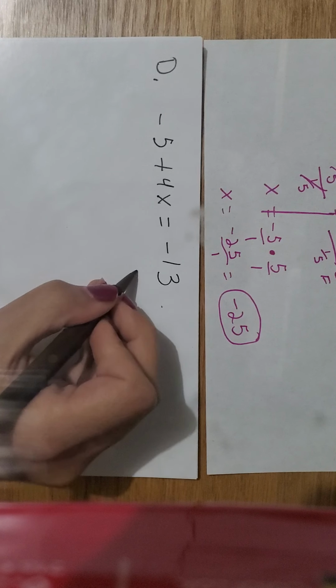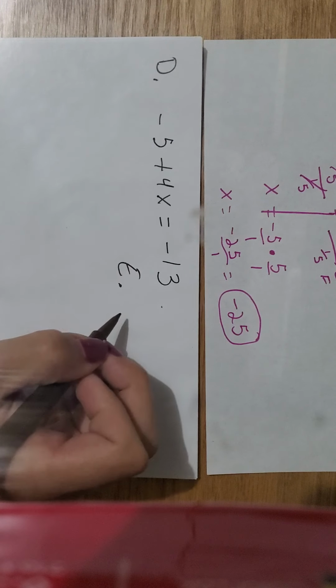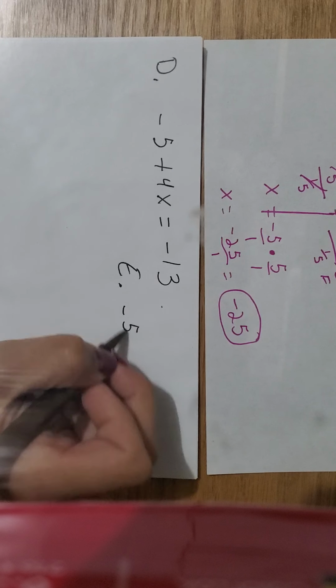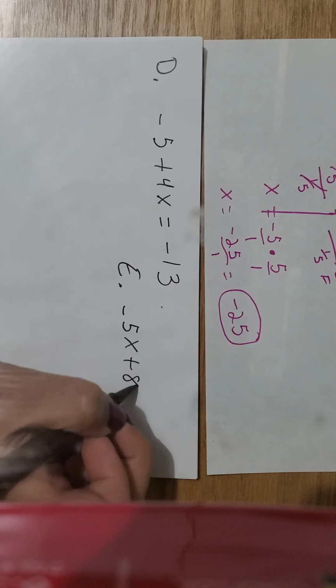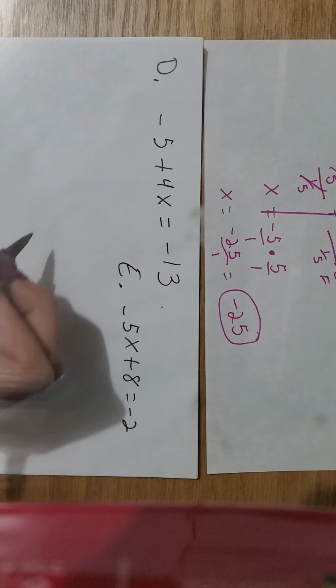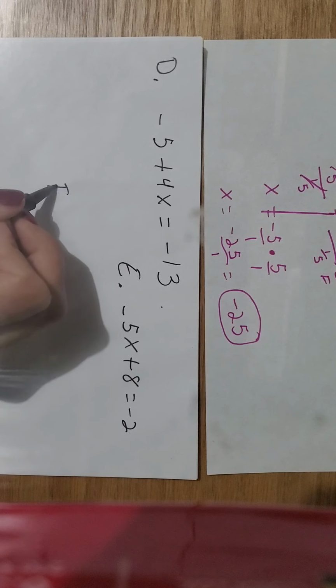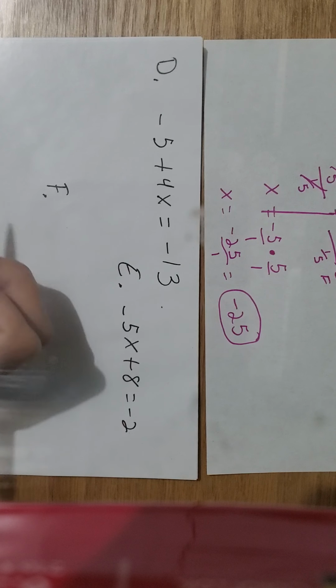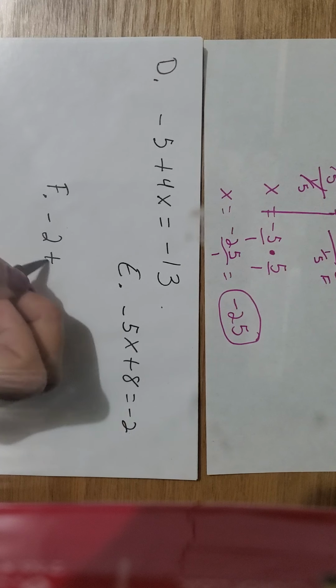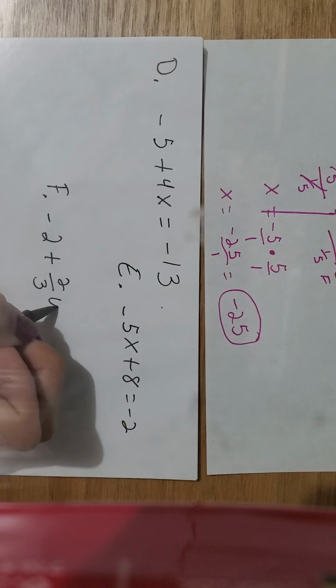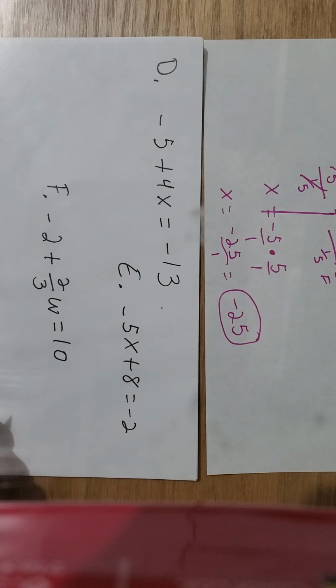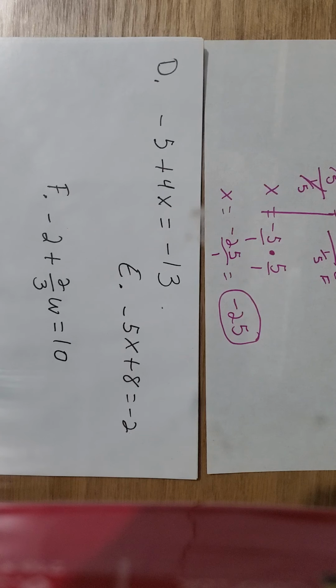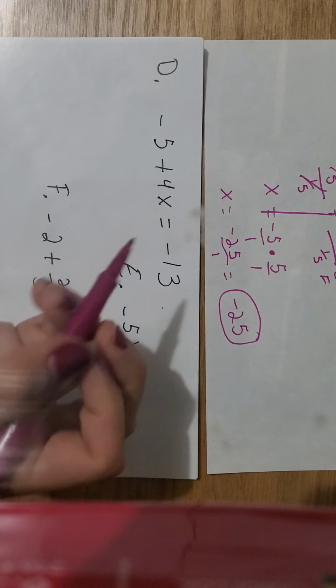For letter E, let's do -5x plus 8 equals -2. And for letter F, -2 plus 2 over 3w equals 10. Go ahead and work on those at home. I'm just going to go into the answers for the sake of time, but you can always pause it and take as long as you need to solve it, please.